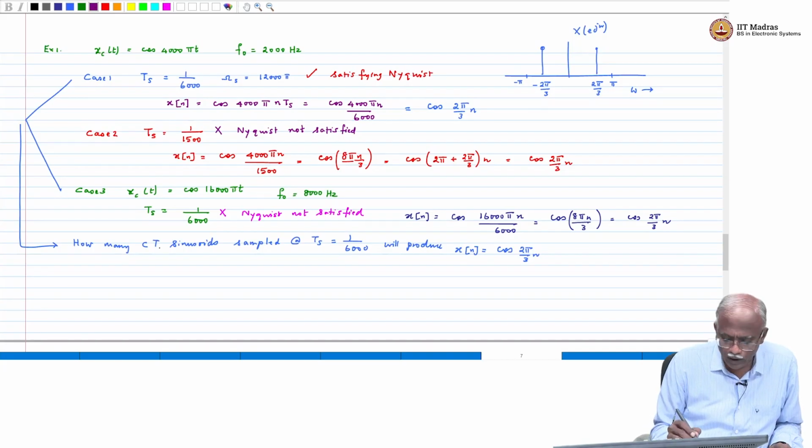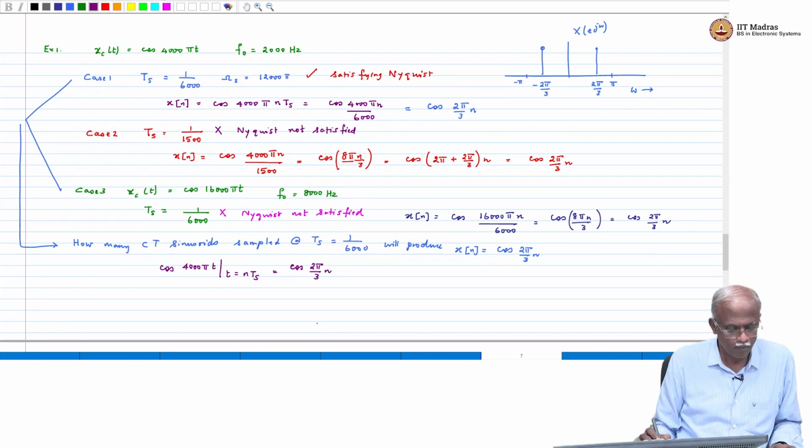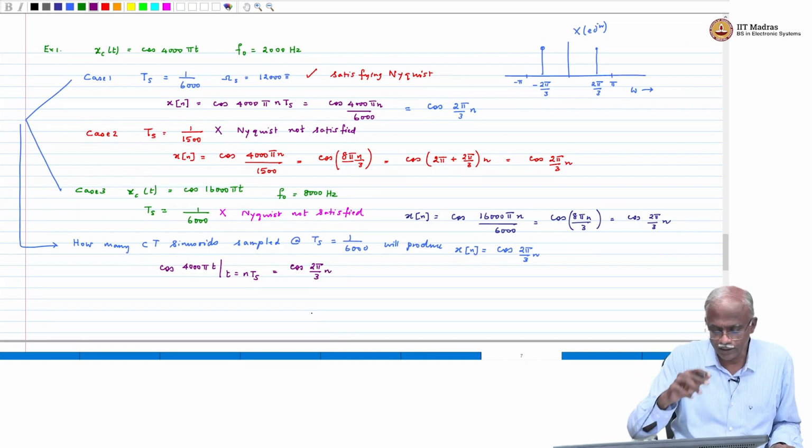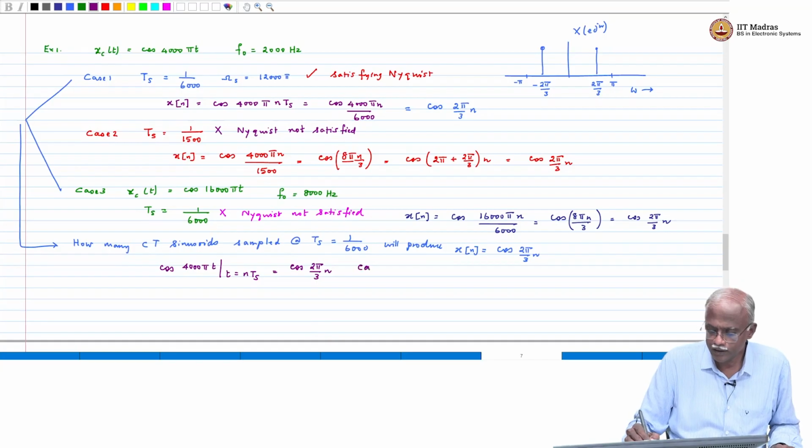Okay, so let us look at cosine 4000 pi t, sampled at t equal to nTs, we get cosine 2 pi by 3 n. Okay, this is clear. This is case 1. No aliasing.